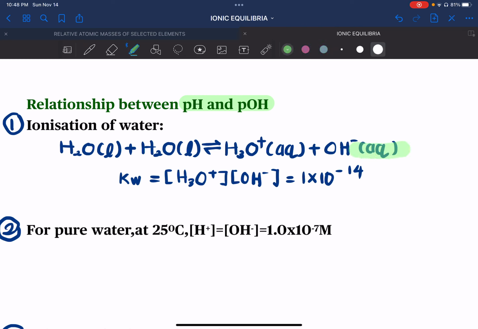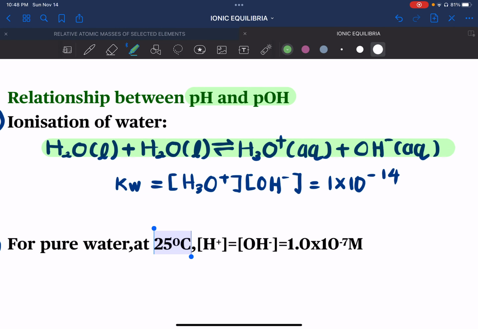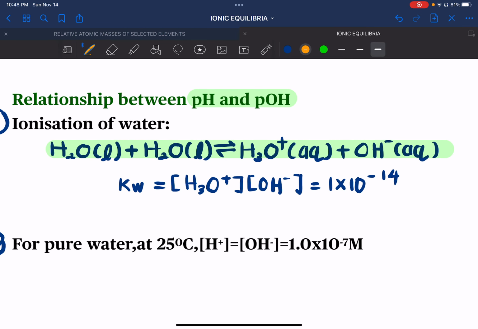Okay, so cuba kita study dulu sekejap this equation. Okay, so basically, cuba kita tengok yang pertama ni. H2O and H3O plus.